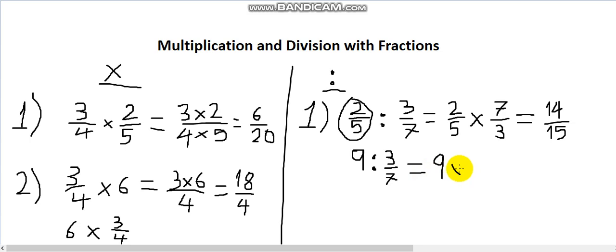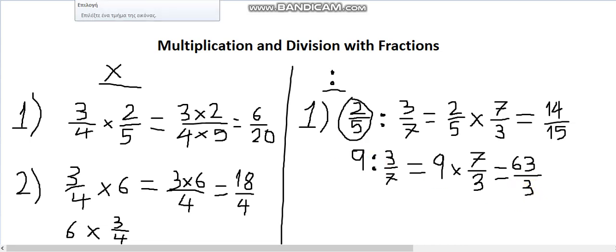And then I turn the division sign into multiplication, and the denominator becomes the numerator, and the numerator becomes the denominator. I basically flip the fraction, and then I'm multiplying a whole number by a fraction. So that would be 9 times 7 makes 63. Sorry, 63 divided by 3. Okay? Keep that in mind. It's very useful.